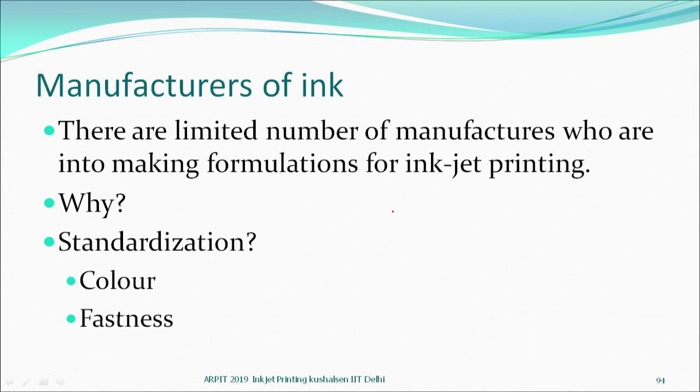That is the standardization of the highest order, which in normal conventional printing people do not have; they have similar molecules, but they mix up to get the shades, they get chemicals which appear to be the same, but they are not exactly the same. But for a digital printing system, inkjet printing system, you cannot afford to have different types of molecules. Fastness properties, of course, are also required. So, you have a right kind of molecule, which should have the right kind of fastness, light fastness, wash fastness, everything else.